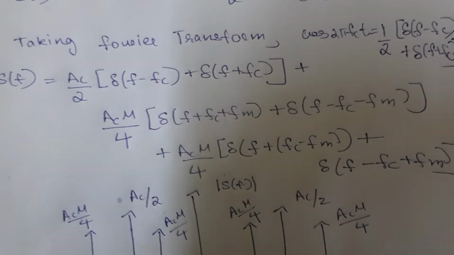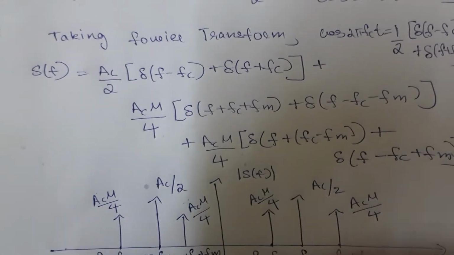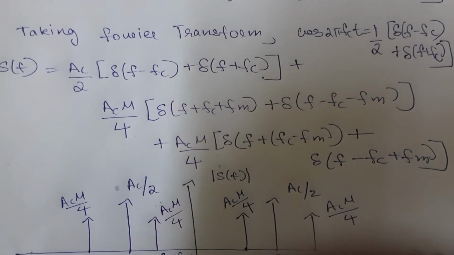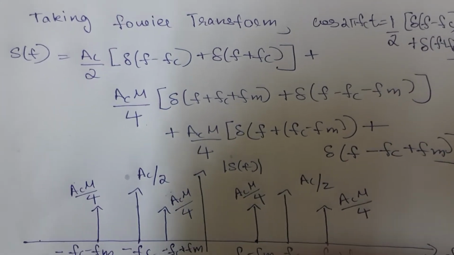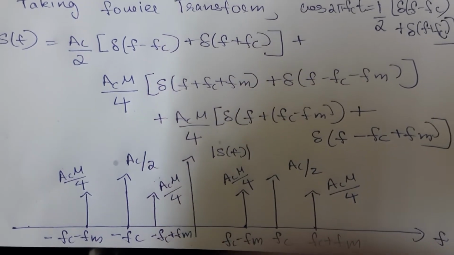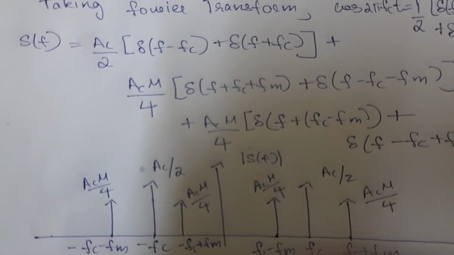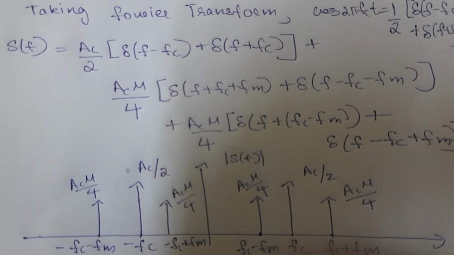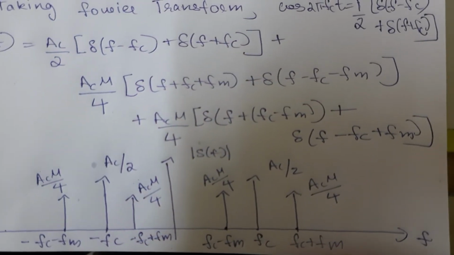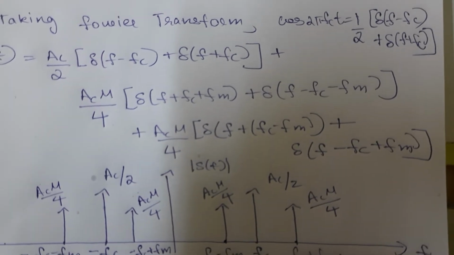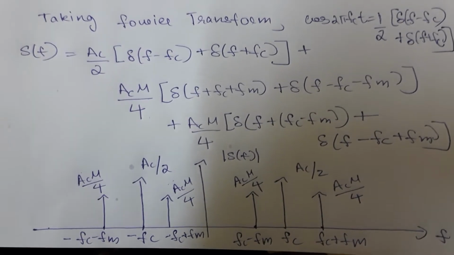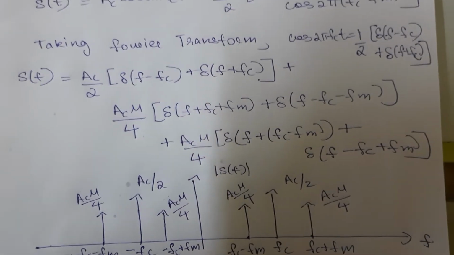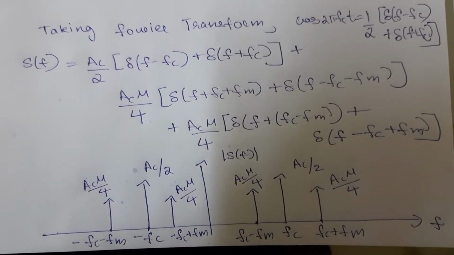Now Ac mu by 4 delta of f plus fc plus fm, which means a delta function of magnitude Ac mu by 4 at frequency minus fc minus fm and a delta function of Ac mu by 4 at a frequency fc plus fm. Same way the last one. So we have 6 delta functions in the magnitude spectrum.